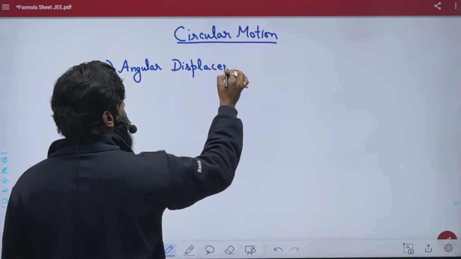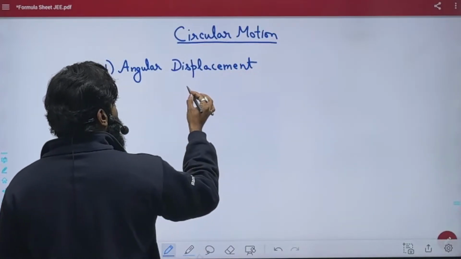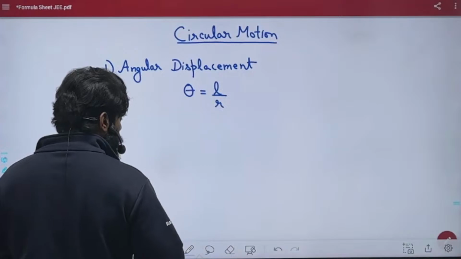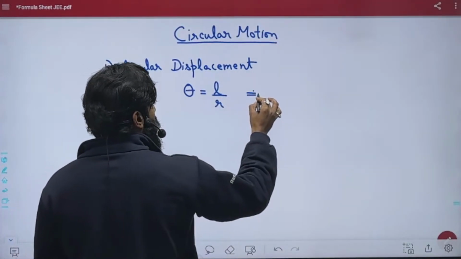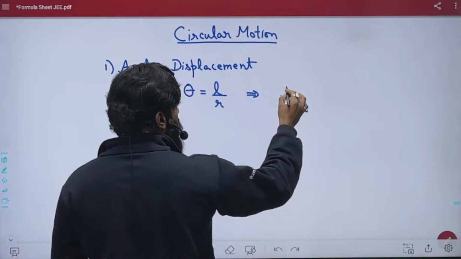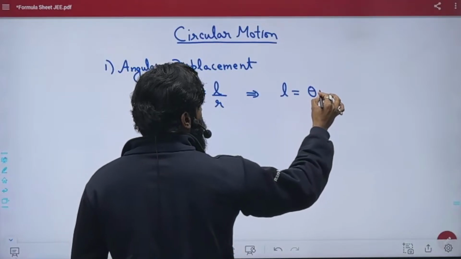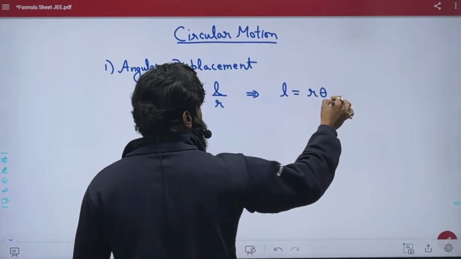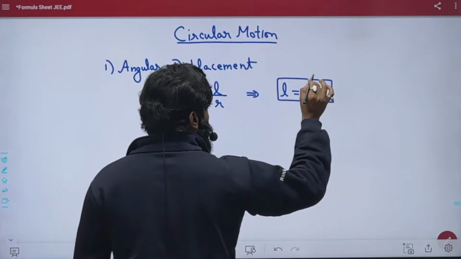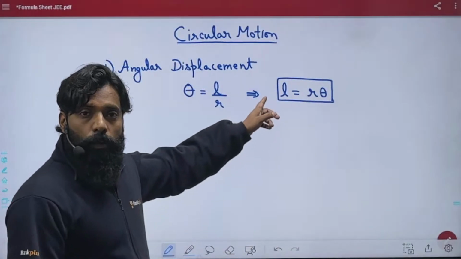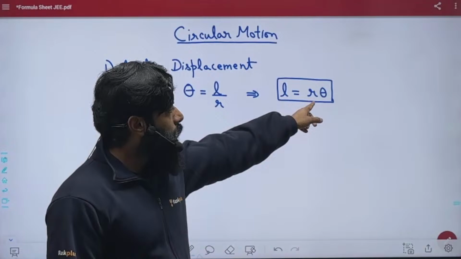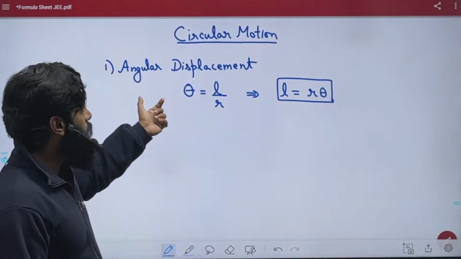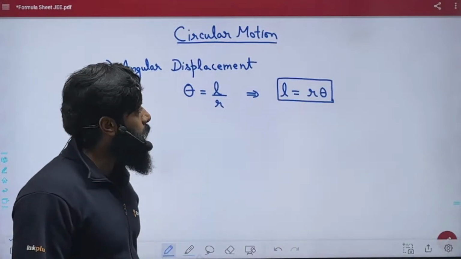For circular motion, angular displacement theta equals L by R. If you multiply this R with the angular displacement, you will get the linear displacement.